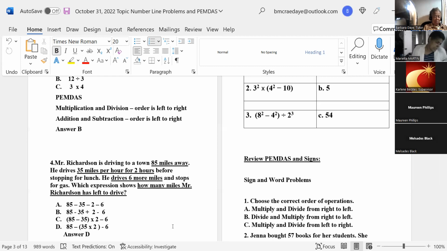What I would do is multiply 35 by 2. When I get the answer, I add 6 to the answer. Then I take that answer away from 85. Then I would have 9 left. So I know that you have 9 miles left to go.